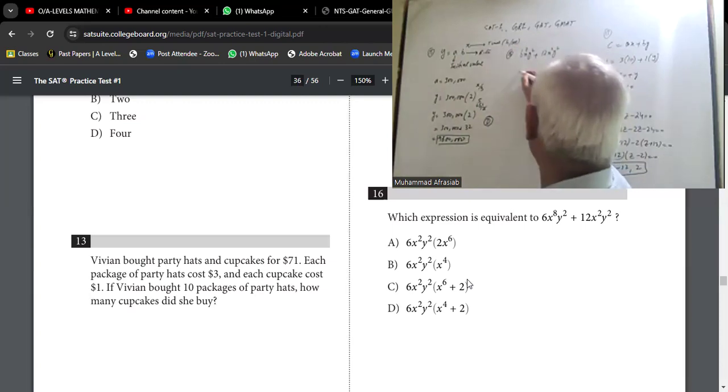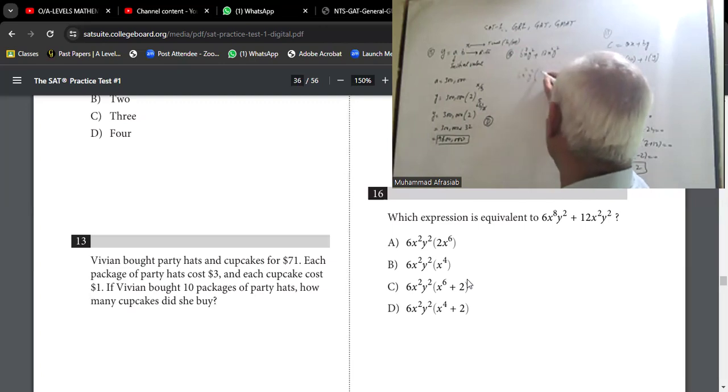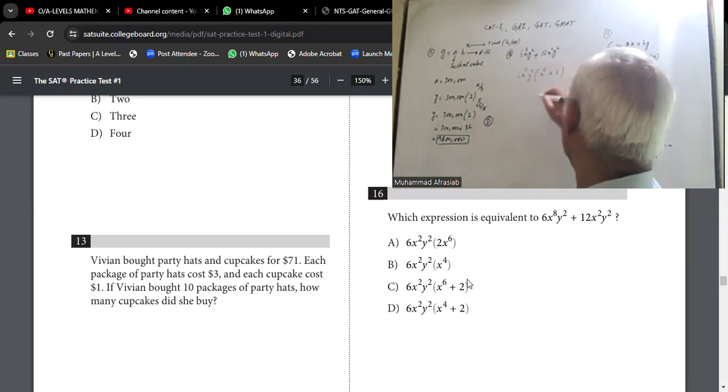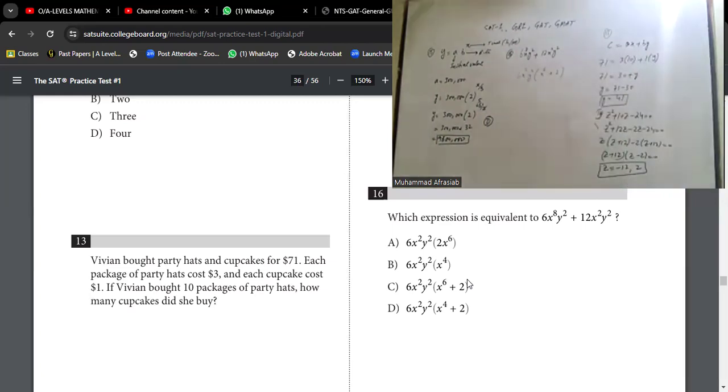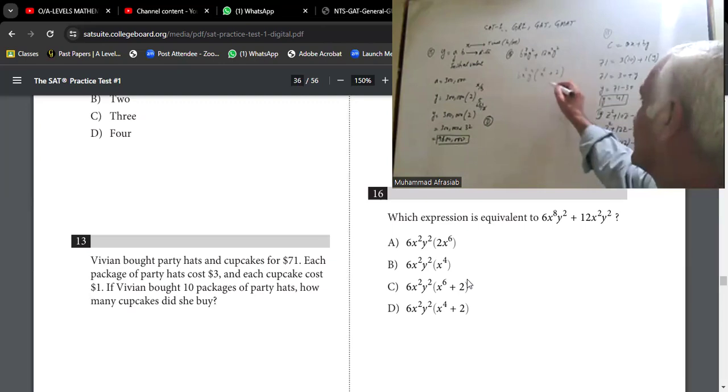So it should be equal to 6x power 2 y2. It should be x power 6 plus 2. And that is the choice C for this portion there.